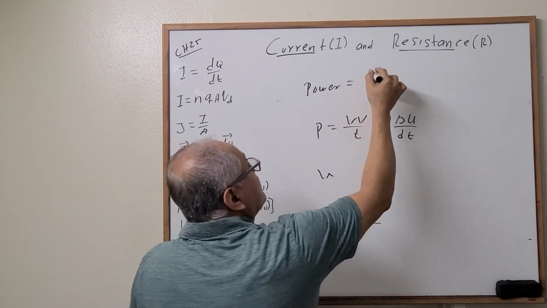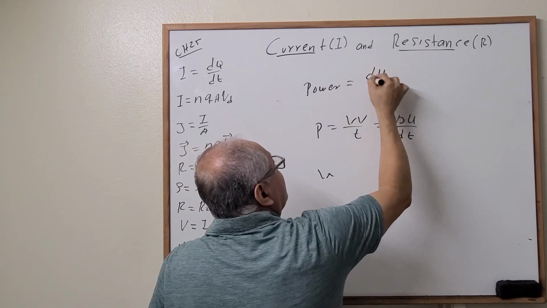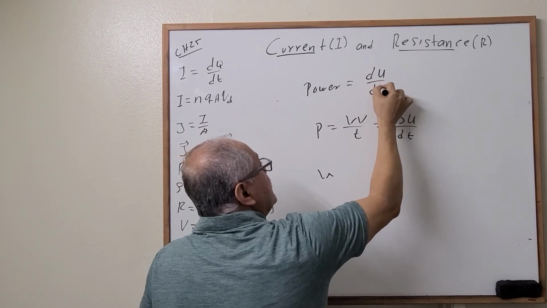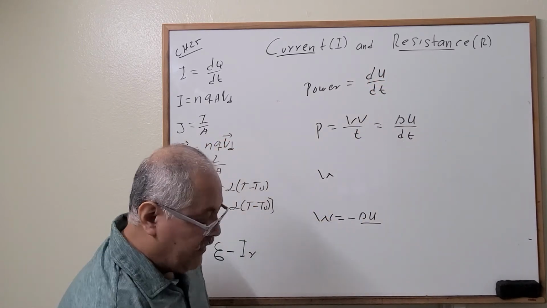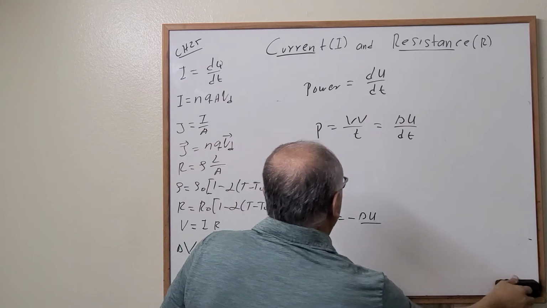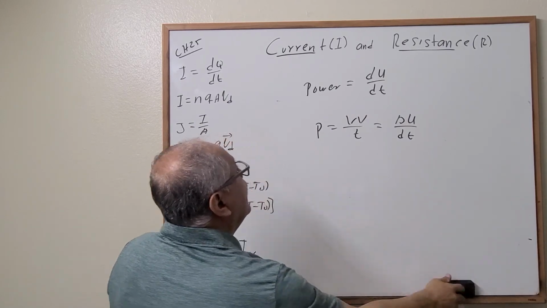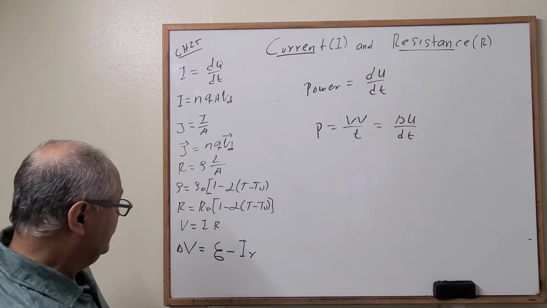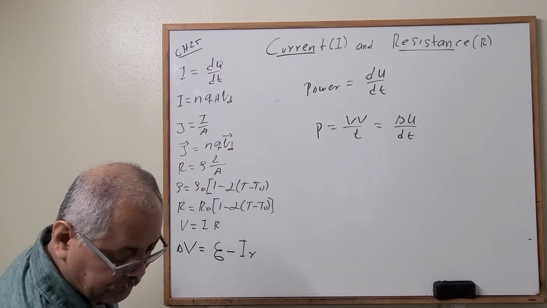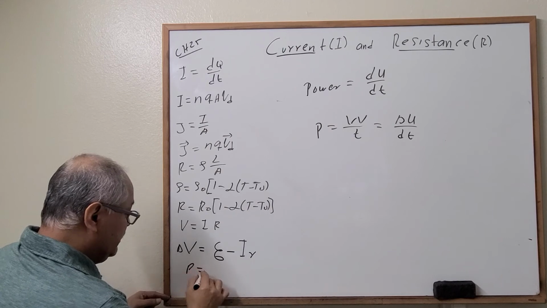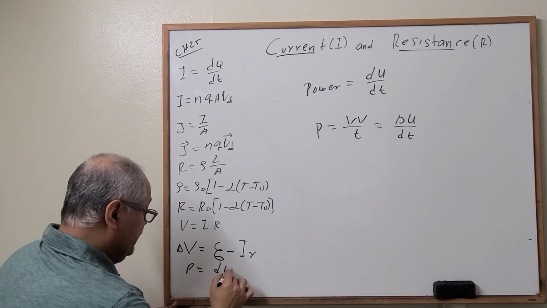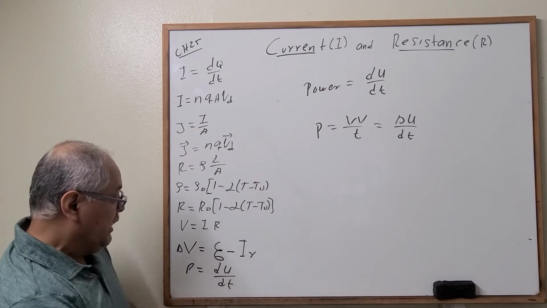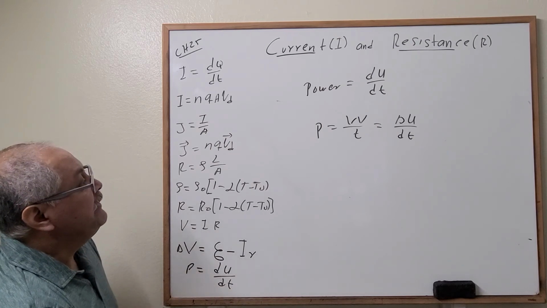We have the derivative of the small changes of this electric potential energy with respect to time. We define in this way the electric power. So electric power is equal to the change in the electric potential energy divided by the time.